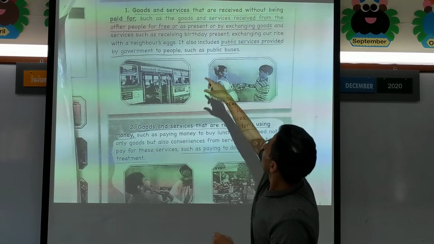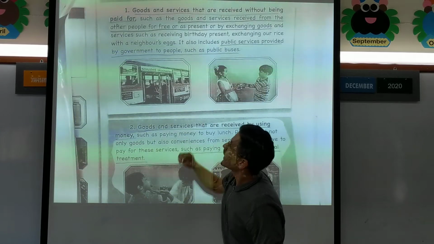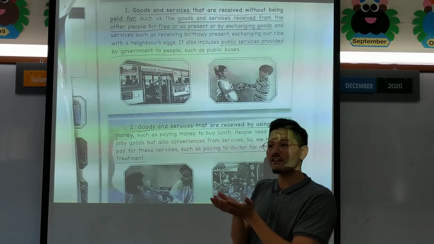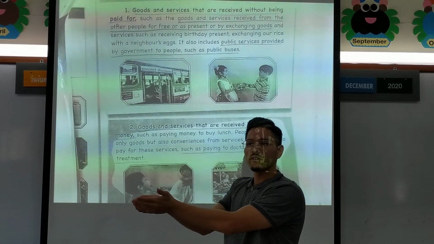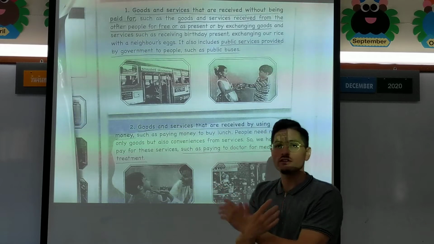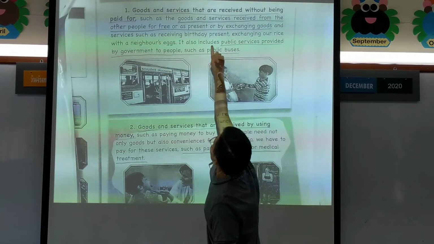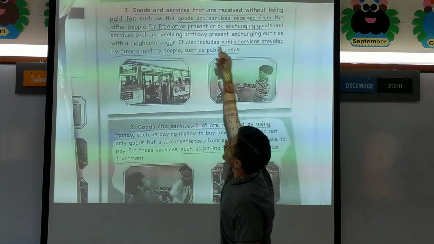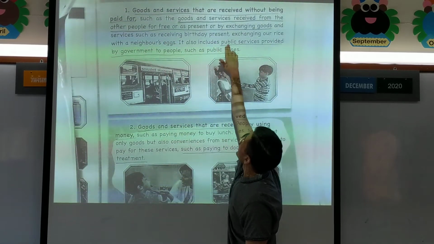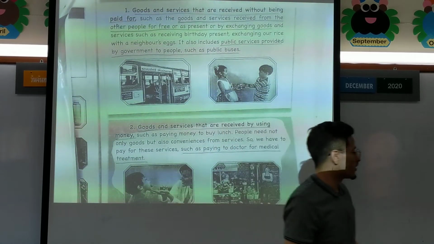If you go to the market and you trade someone your eggs for apples, you traded goods. You didn't use money. You traded them. So we have goods and services received from other people for free, as a present, or by exchanging goods. We traded. We exchanged the goods.